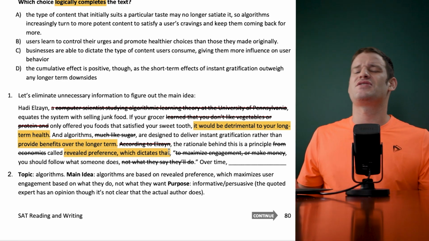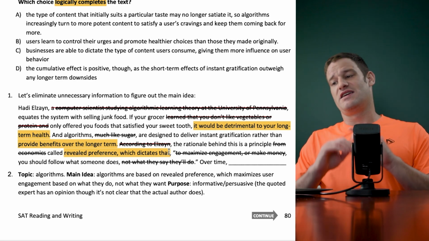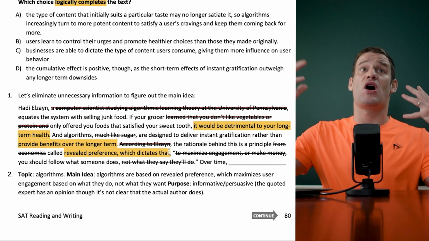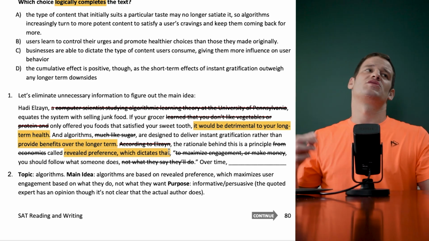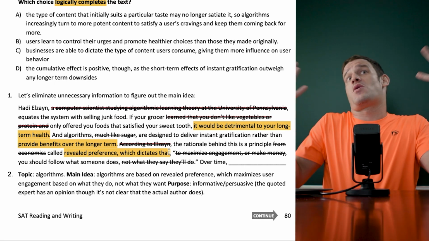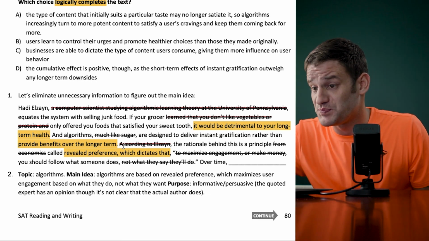So yeah, the purpose here, bordering on informative or persuasive, I would say slightly leaning persuasive, and that happens in some passages, right? They might be informing you about other people's opinions, or those opinions might be based on facts that are pretty widely accepted, but might argue that something is bad, like in this case.